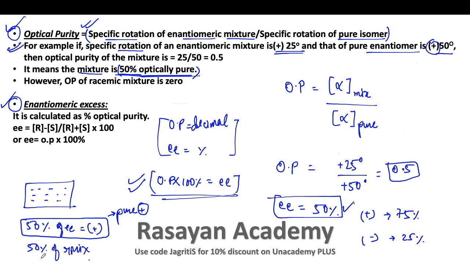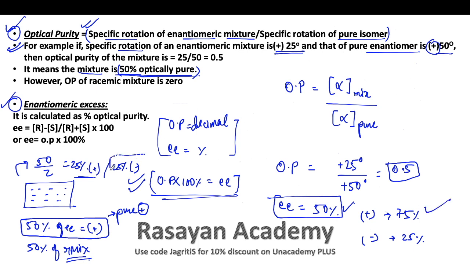The remaining 50% of the sample is a racemic mix, which means the remaining 50% is 25% positive and 25% negative enantiomer. That is why when you add the total positive, you get 75%, which is right over here.